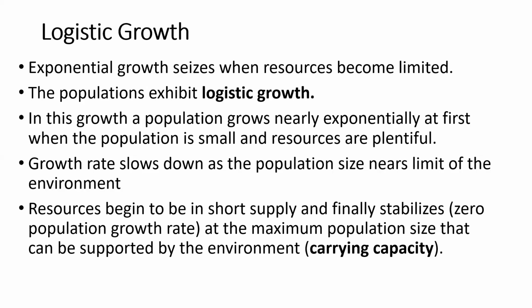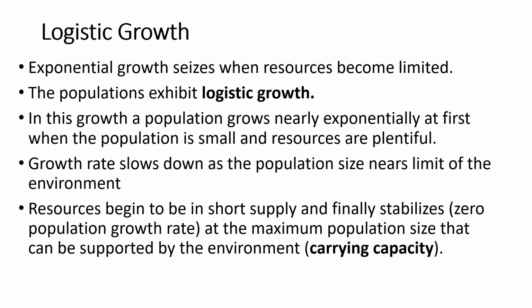In this growth, a population grows nearly exponentially at first, because it was growing exponentially, and then there's no food, there are no resources, so the growth will go slowly.